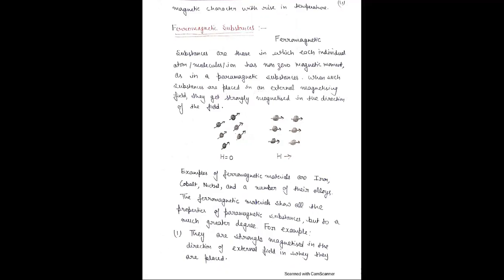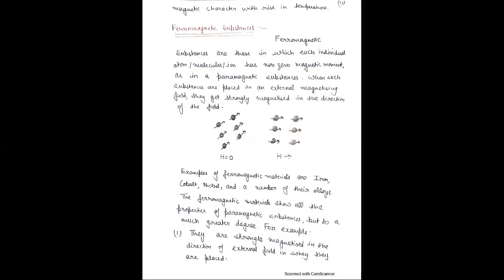Now the next is ferromagnetic. Ferromagnetic substances are those in which each individual atom, molecule, or ion has a non-zero magnetic moment, as in a paramagnetic. Paramagnetic and ferromagnetic properties are similar, but in ferromagnetic these properties are stronger than in paramagnetic substances.